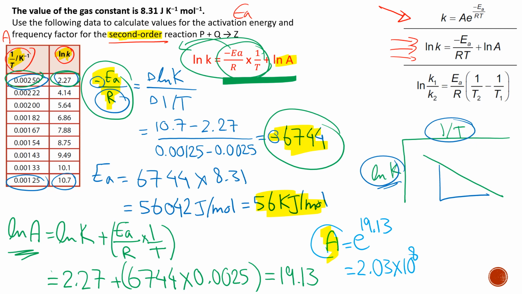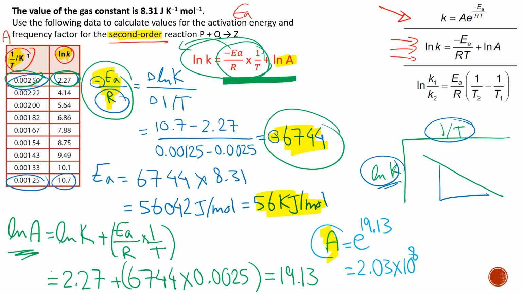So A will take the unit of the rate constant. You can go back to the previous lesson to know how we can figure out the units for the rate constant for a second order reaction.